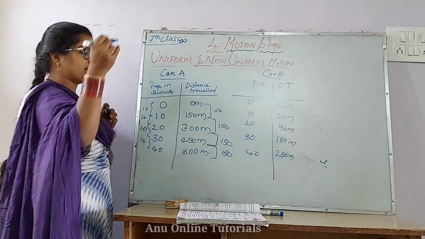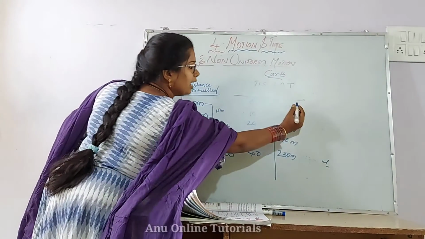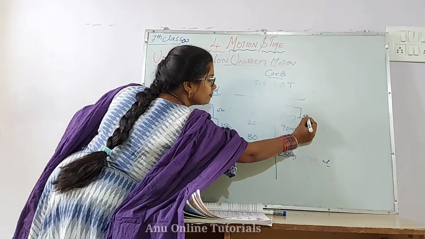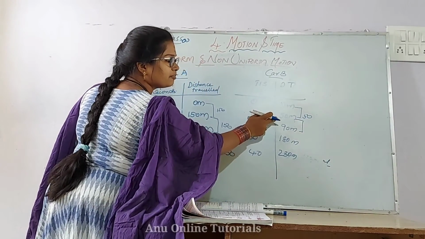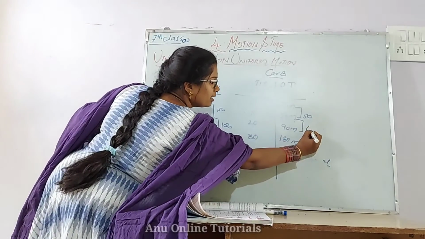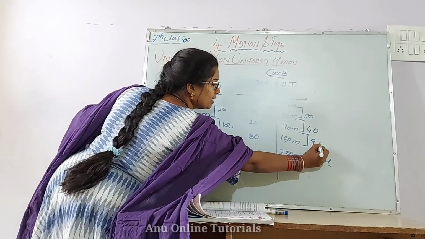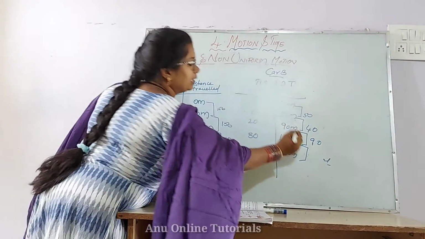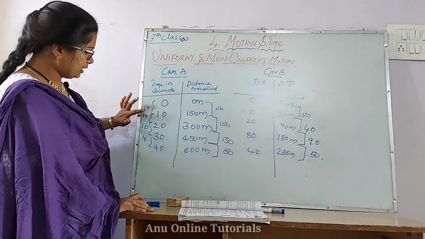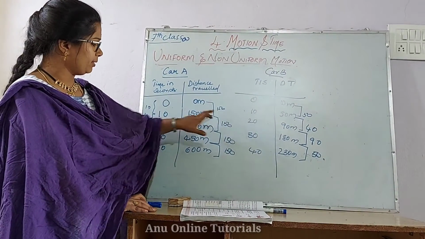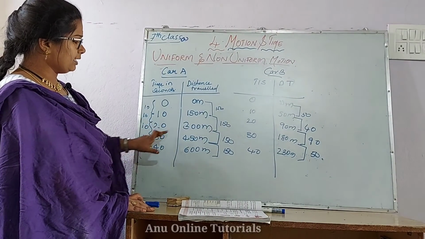In car B, we see, for the first 10 seconds the car has traveled 50 meters. The second 10 seconds, 40 meters. For another 10, 90 meters, and another 50. Whereas car A traveled 150 meters in each 10 seconds.